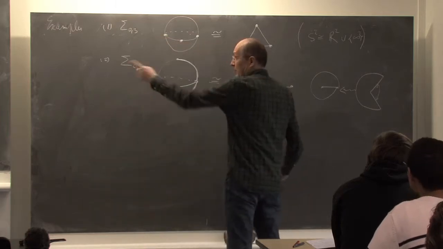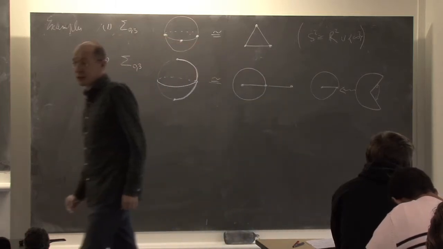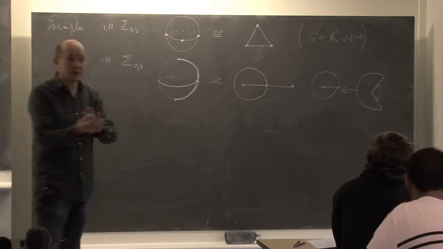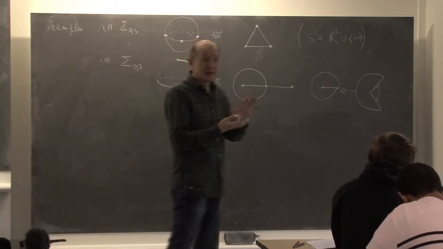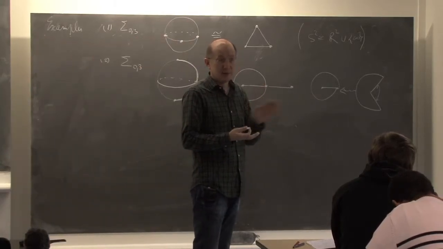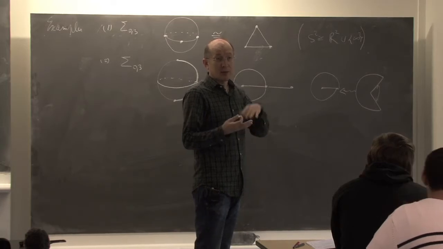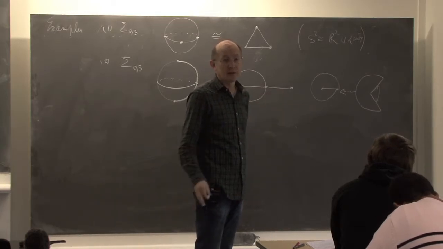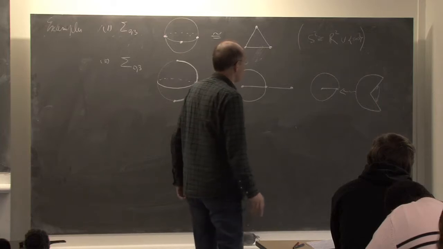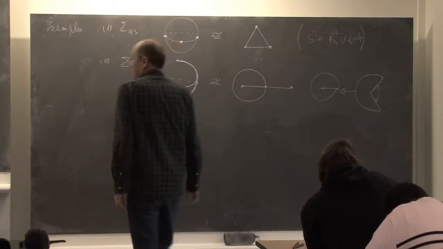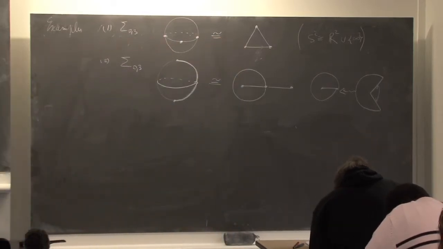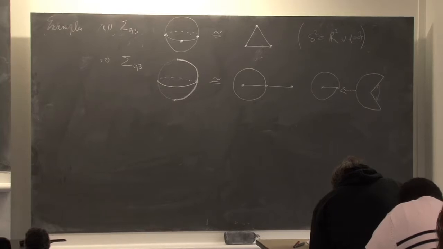From the viewpoint of cellular complexes, that's okay, because the interior of the cell should be embedded, while on the boundary we can have self-identifications. So this is sigma 0,3.